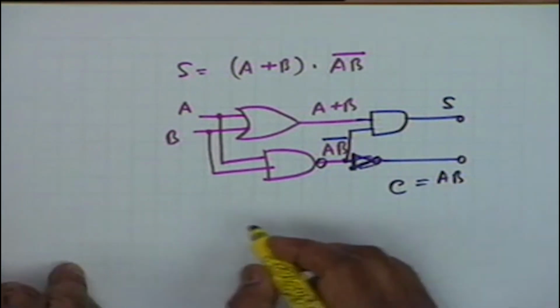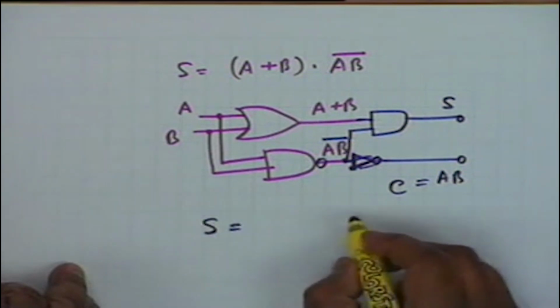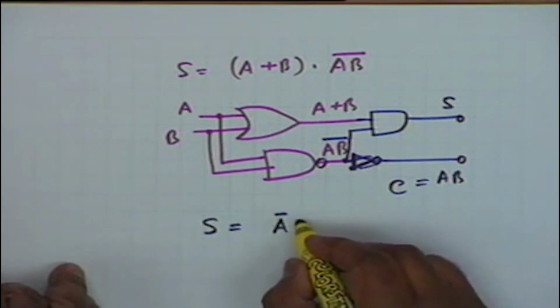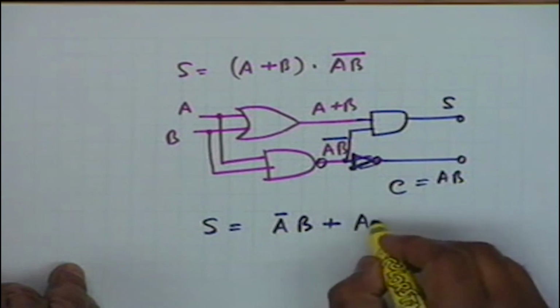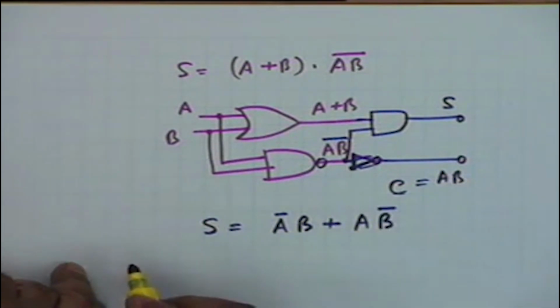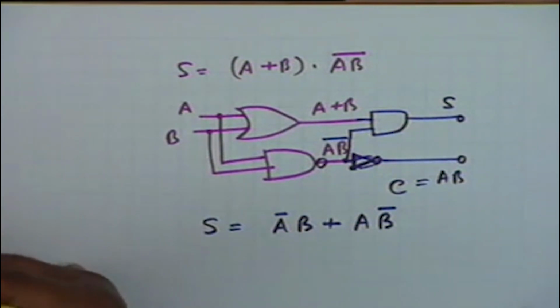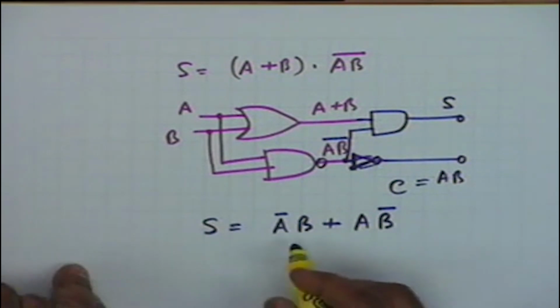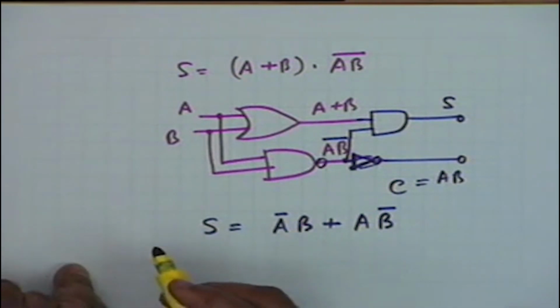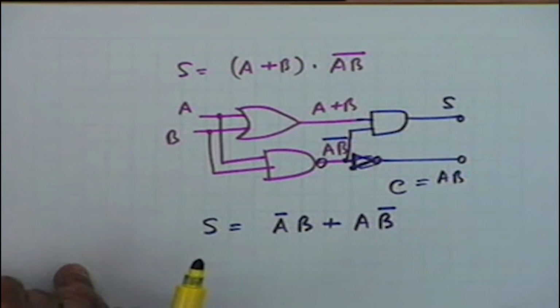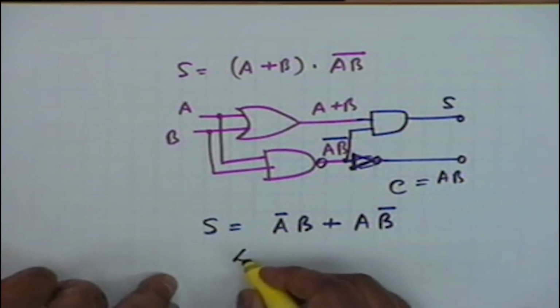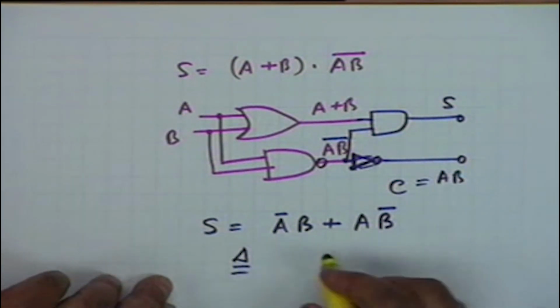This expression S equal to A bar B or AB bar, which is the logical expression for the sum bit, is also considered as an operation, and this operation is defined as an exclusive OR operation.